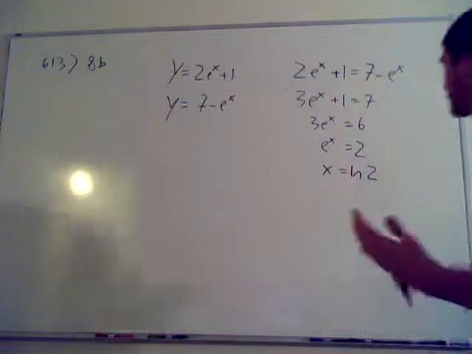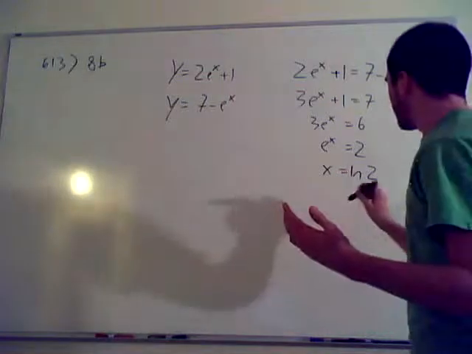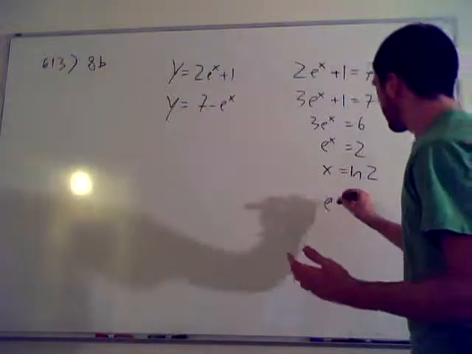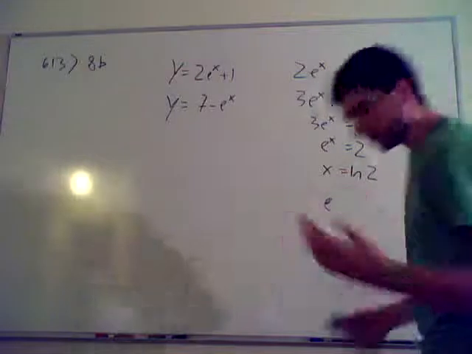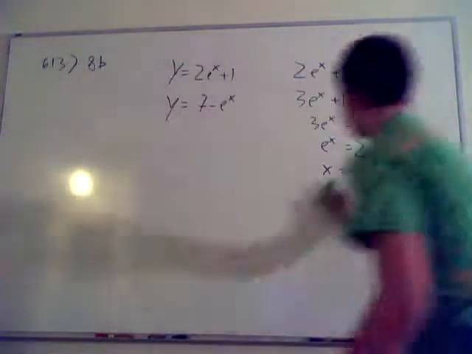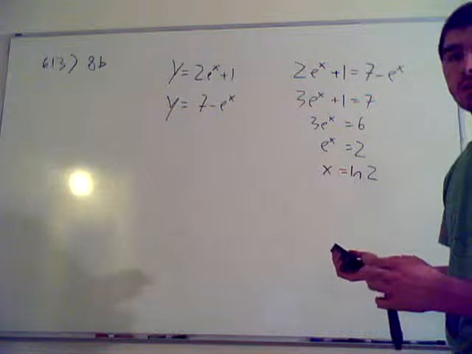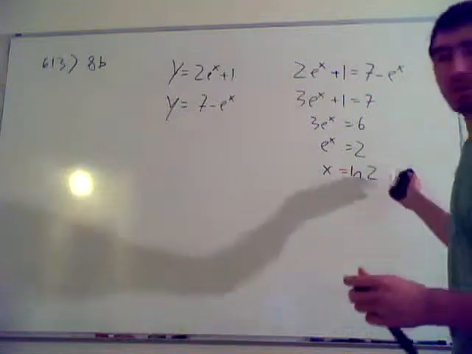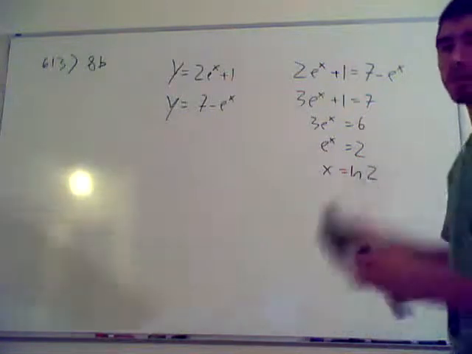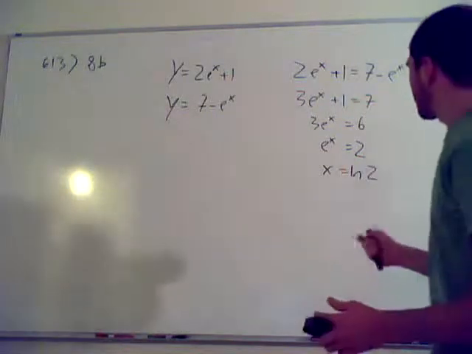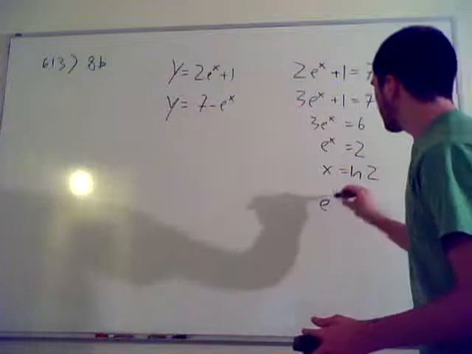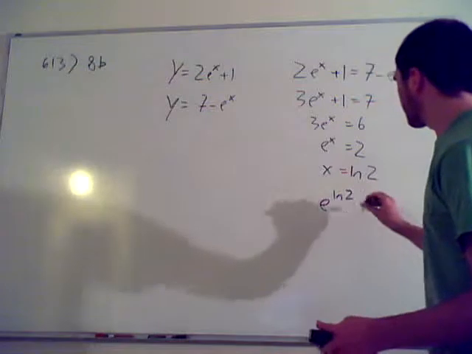That's why, because when e to the x, how did I write this? That's just the natural log thing. When e to the x equals a number, x is going to be the natural log of that number, because e to the natural log of 2 equals 2.